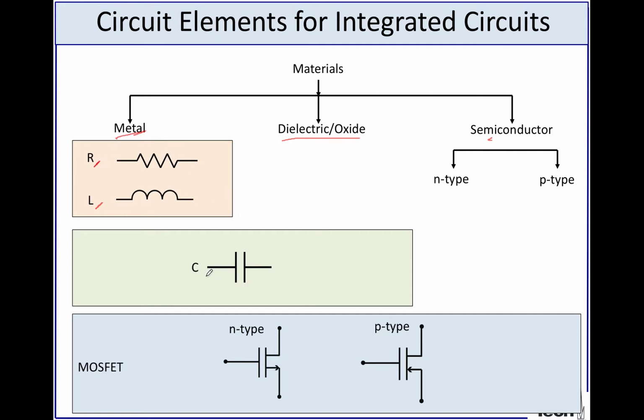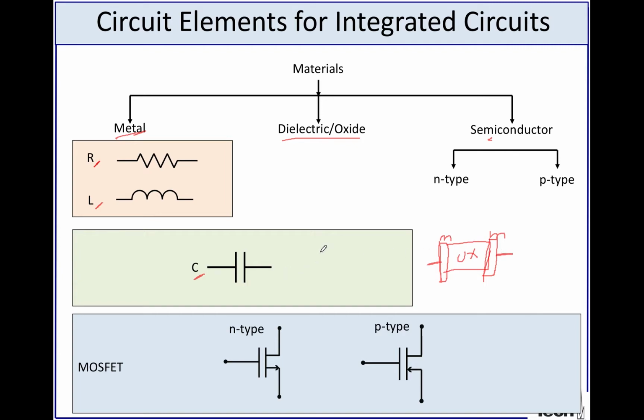Then we have capacitors, and basically capacitors are dielectrics sandwiched between two electrodes. A capacitor structure looks like this, where you have a metal here, then an oxide, and on the other side you have metal. So an oxide sandwiched between two metal layers is a capacitor.